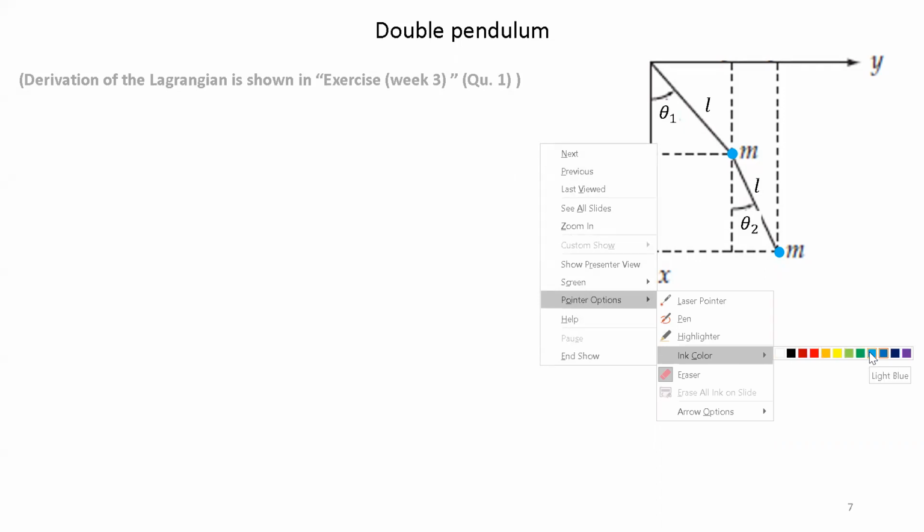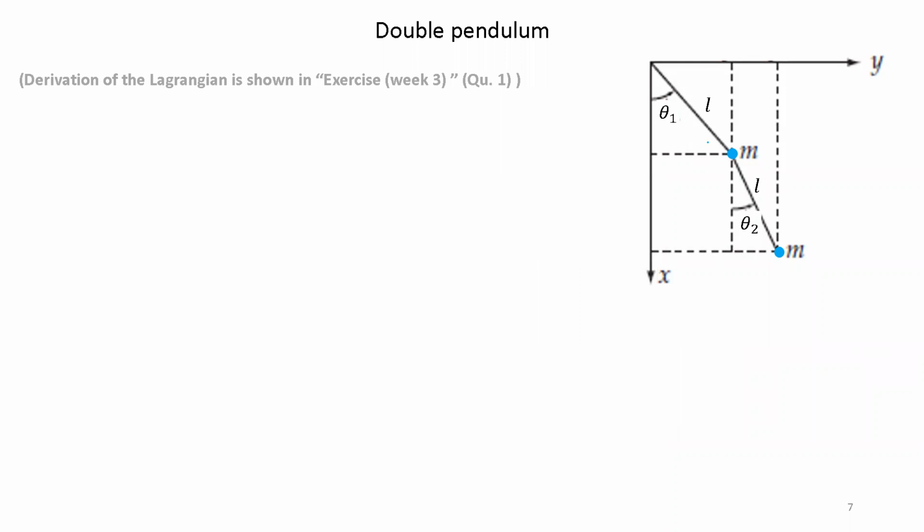The kinetic energy first. If you just have the single pendulum, you might find it convenient to use theta as a coordinate. But if you consider the second mass, you will find that it's very difficult to directly use theta 1 and theta 2 to express the velocity of this m.